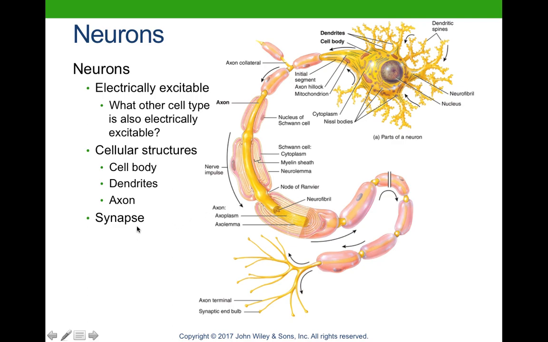A synapse is the site of functional contact between two neurons or between a neuron and an effector cell. Axonal transport, a natural mechanism of our intracellular transport in neurons, can be exploited by certain microorganisms to reach other parts of the nervous system.